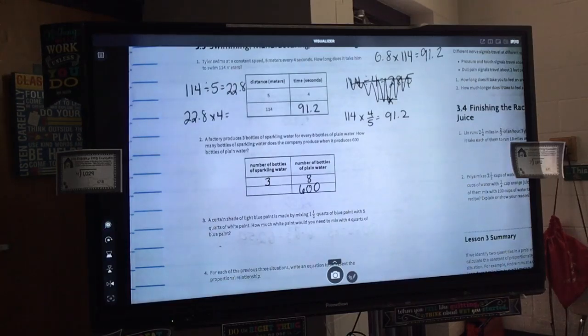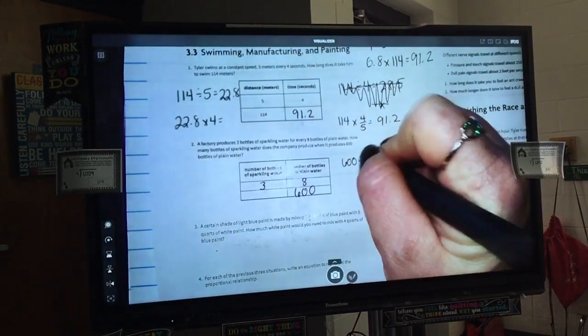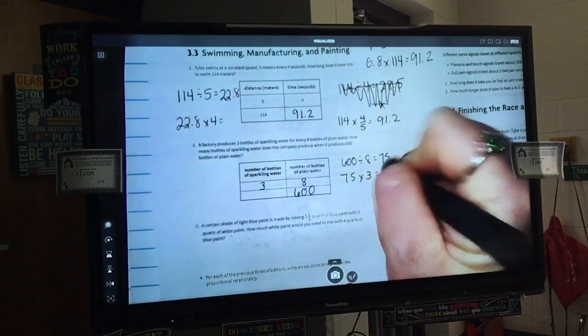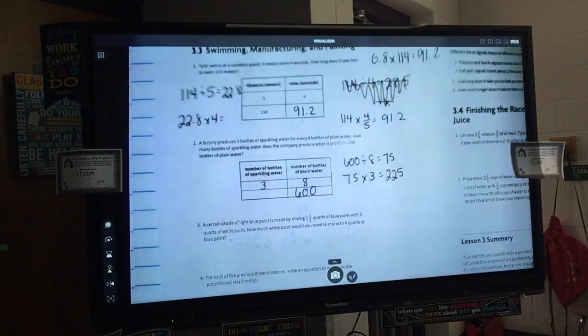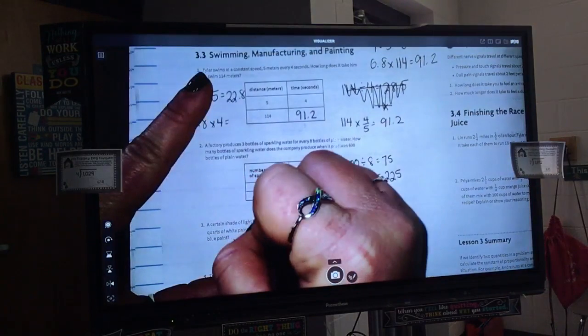Wait a minute. We did 600 divided by 8 to get 75. Then we multiplied 75 by 3 to get 225. So you're telling me your strategy is easier than that? To him, yes. Okay, so there's one strategy.